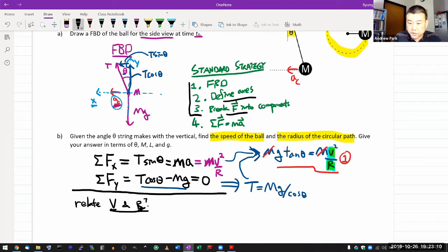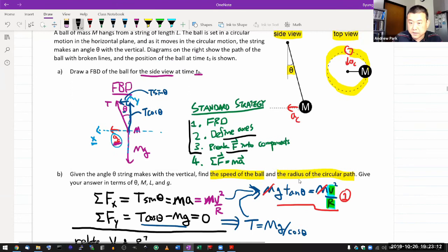So if I'm looking back at this here, this would be R, and V is the speed at which this ball is moving. So the way to relate speed to distance is to say that speed is distance over time.